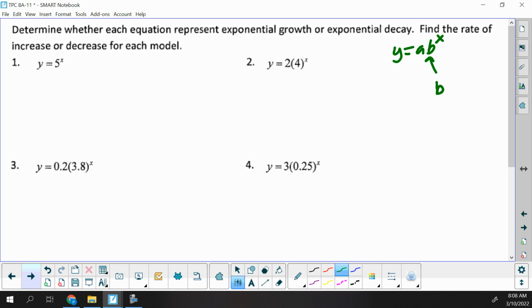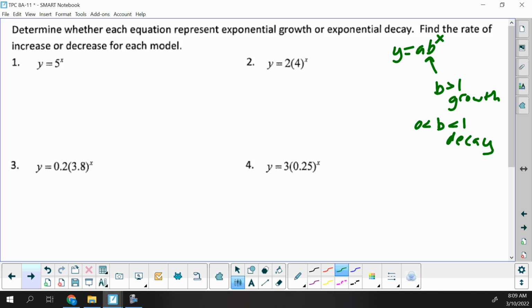If the b is greater than 1, that is growth. If the b is greater than 0 but less than 1, that would be decay. And it'd be growth because when you multiply by more than 1, it makes things bigger. It would be decay because if you multiply by something between 0 and 1, like a decimal or a fraction, that would make things smaller each time. So that's job number 1 on each of those 4.